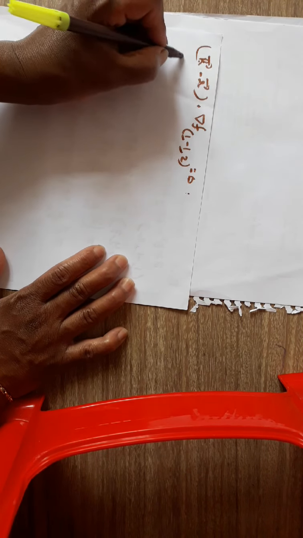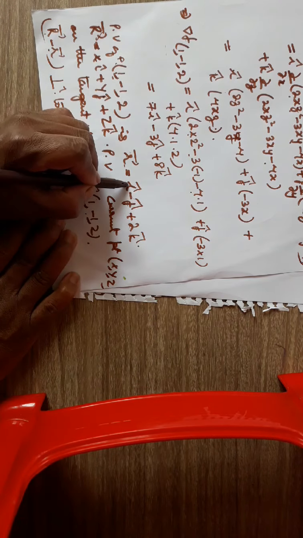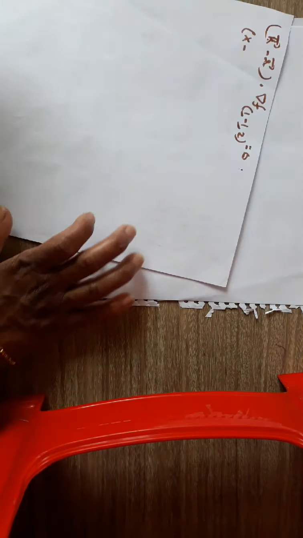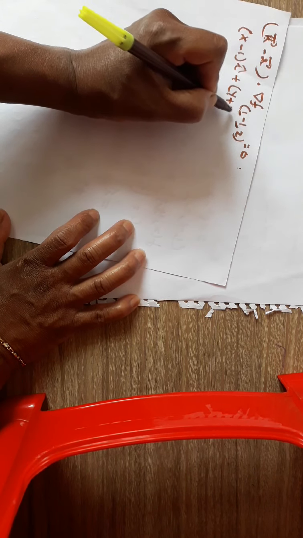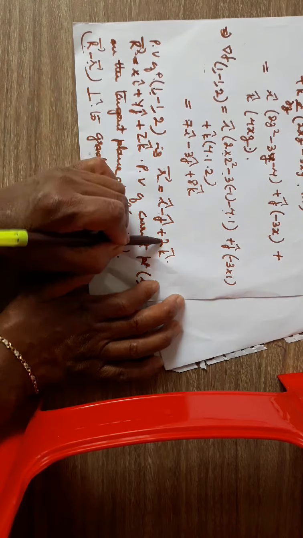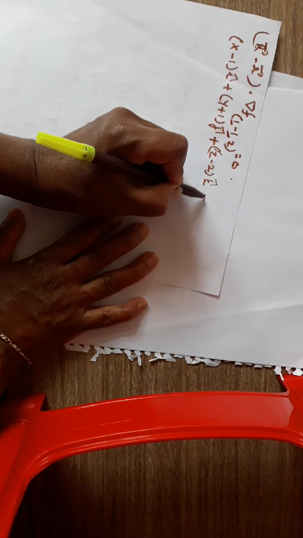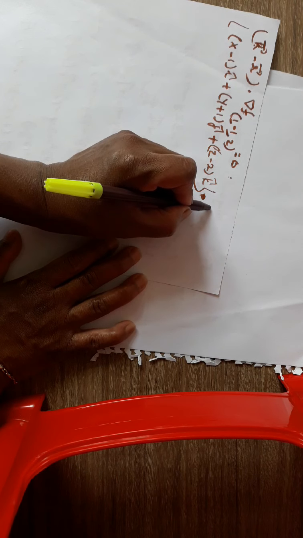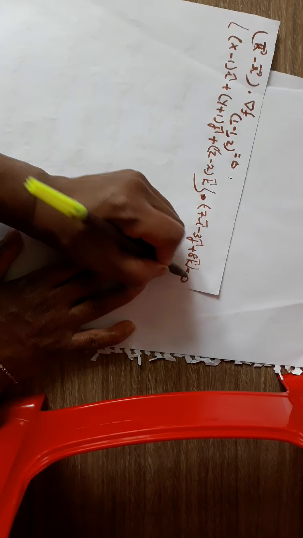But what is capital R bar minus r bar here? It is x minus 1 into i plus y plus 1 into j plus z minus 2 into k cap, dot del f at the point, which is nothing but 7i minus 3j plus 8k, equal to 0.